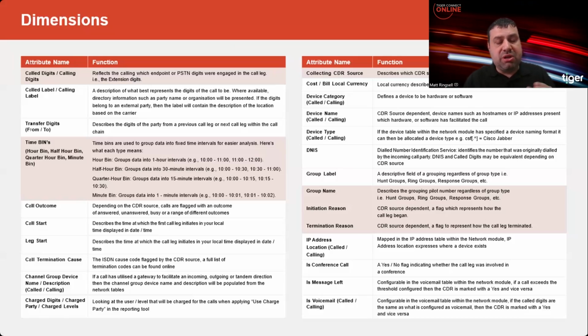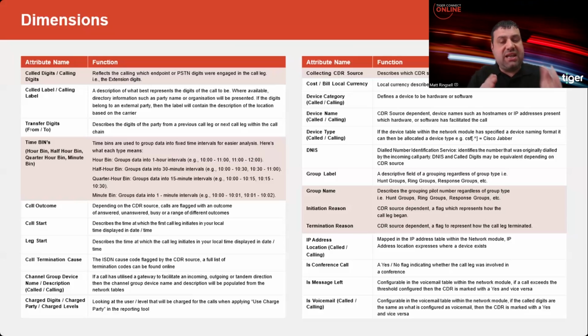You want to know by hour how many calls they've taken, what was their average talk time, and how many calls maybe they lost in those hours. Using what are called hour bins, half hour bins, or quarter hour bins, you can break down the data by using these dimensions and then measure things that are happening in those brackets.